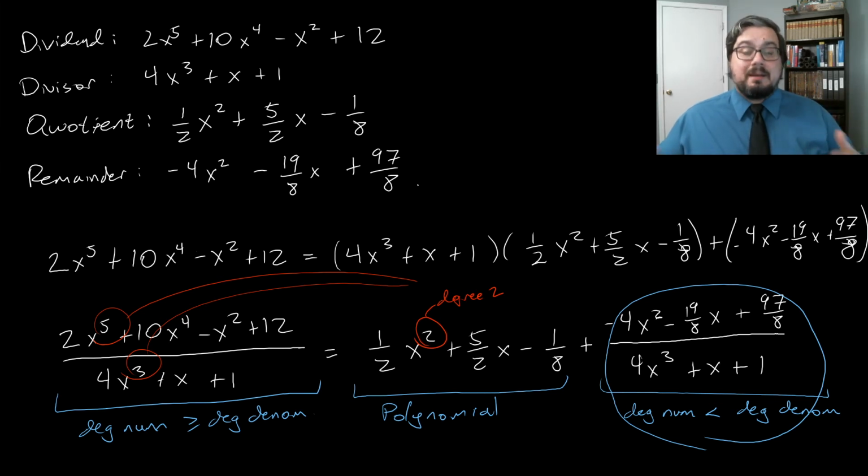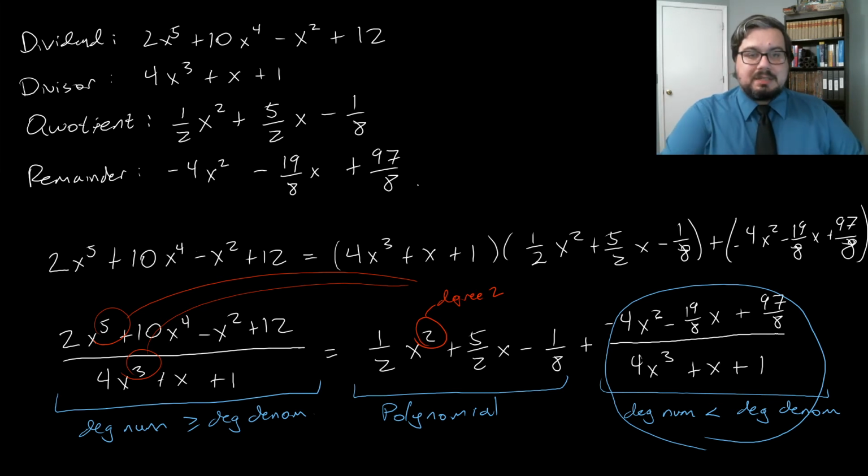It will start behaving like a polynomial because this extra remainder over divisor part from the algorithm will essentially disappear. It'll just become 0 because the denominator is so much bigger than the numerator. So that's the technique of using the long division of polynomials.